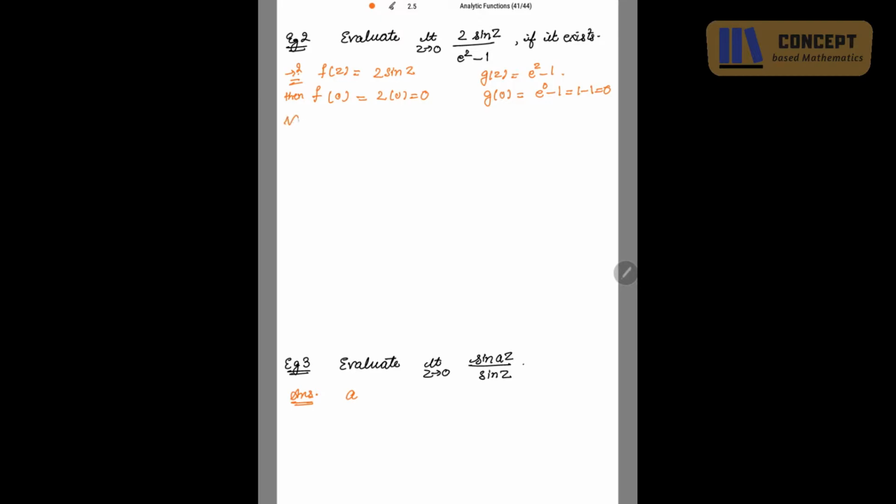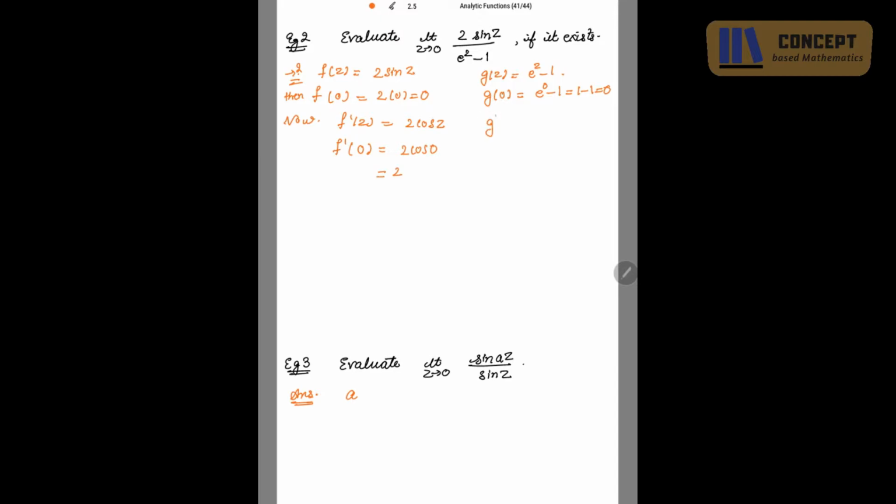Now we are taking the derivatives. F dash z, that is equal to 2 cos of z, and f dash at 0 is equal to 2 cos of 0, which is equal to 2, because cos of 0 is 1.